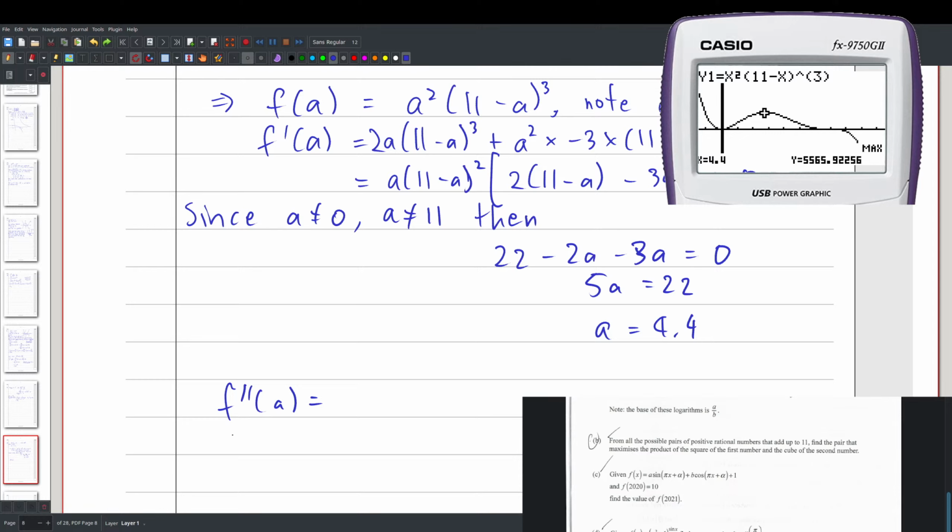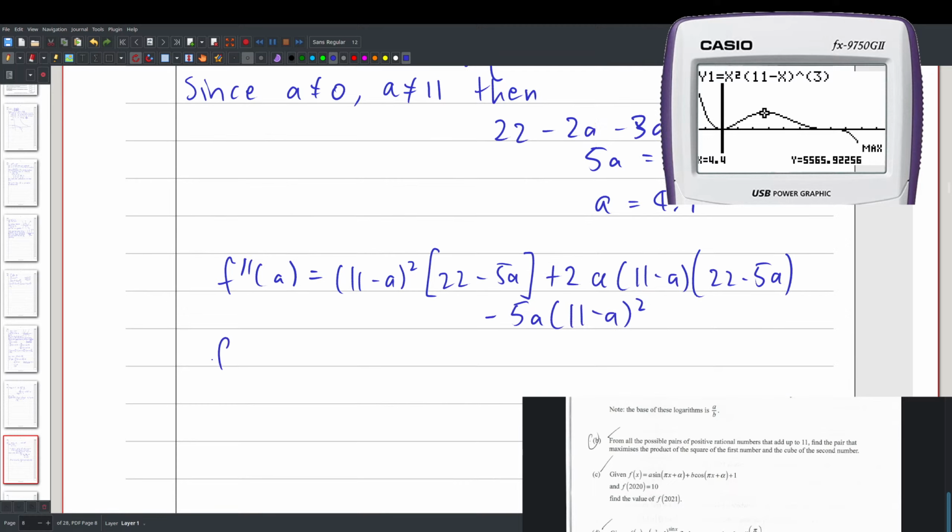Okay, well, you get the first one: (11 minus a)^2 times (22 minus 5a). You derive the second one, so you get 2a(11 minus a)(22 minus 5a), and then you derive the third one, and you get minus 5a(11 minus a)^2.